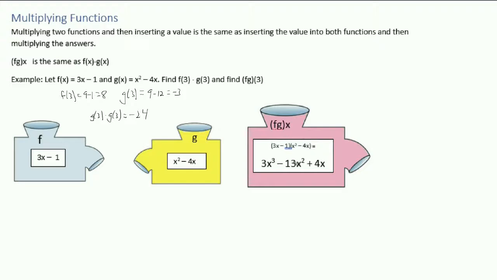Use FOIL, multiply it out, get like terms, then you can drop a 3 in here. This is 3 times 3 cubed minus 13 times 3 squared plus 4 times 3.